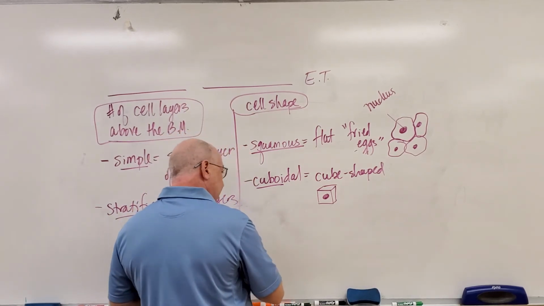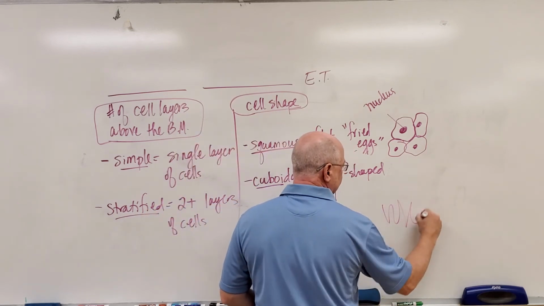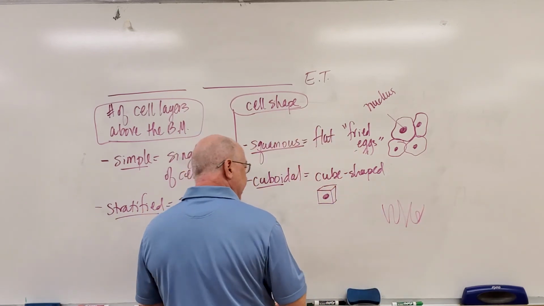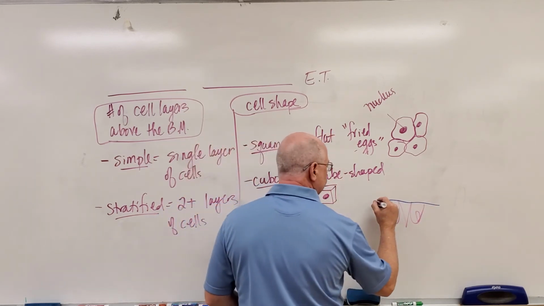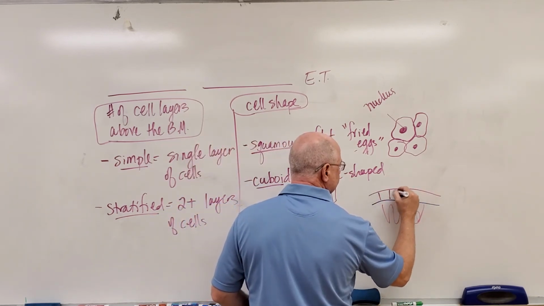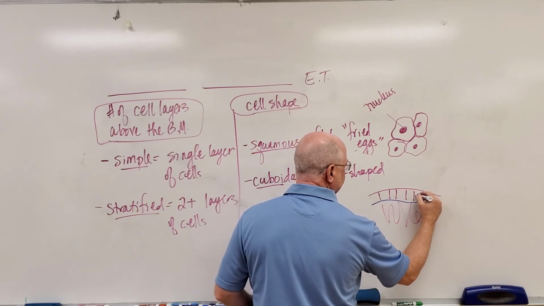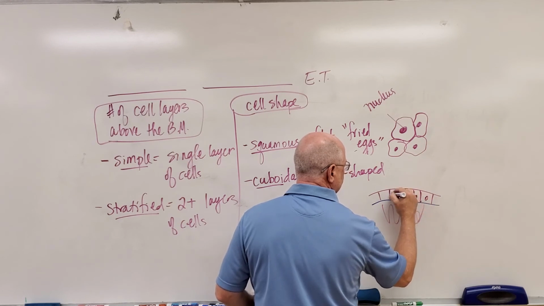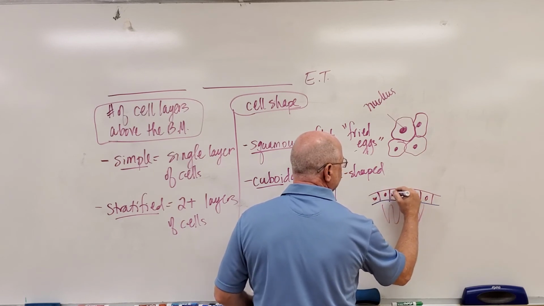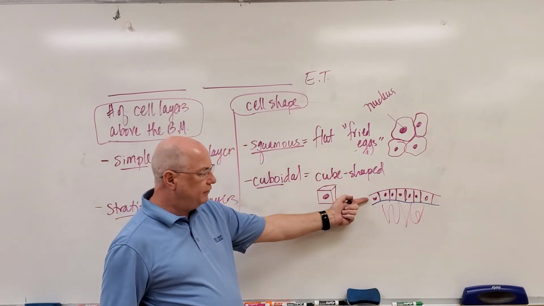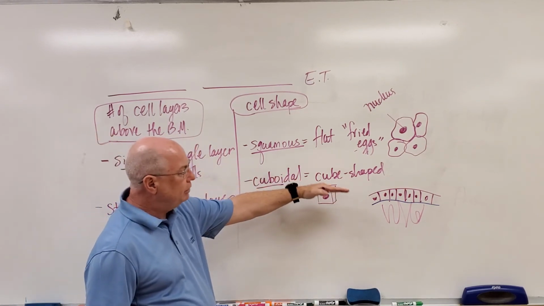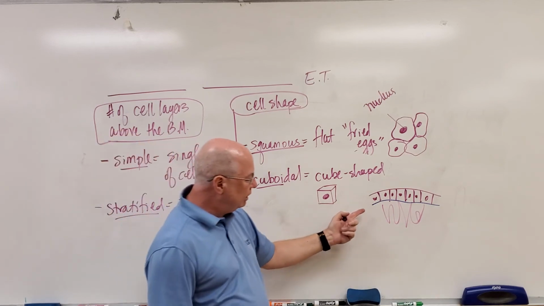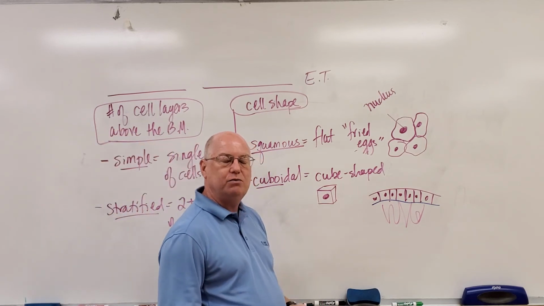Now, if I have some kind of underlying connective tissue, and I have a basement membrane, and I have a single layer of these cube-shaped cells like this, with their nuclei in here, they're not going to be perfect cubes, but if I asked you to identify that tissue under a microscope, you would say simple cuboidal epithelium, because there's a single layer between the basement membrane and the outside world.